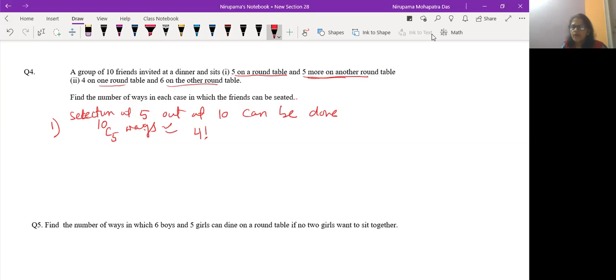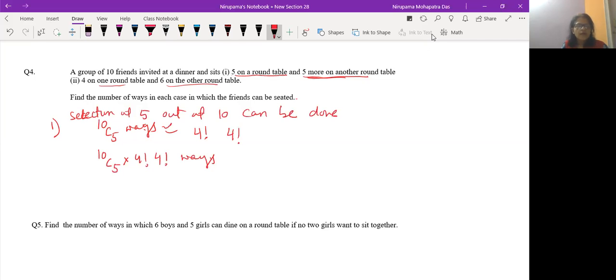The remaining 5 can be seated around the round table in factorial 4 ways. So in this case, total number of arrangements will be 10C5 into factorial 4 into factorial 4 ways. Okay, so I'm sure you can calculate this.